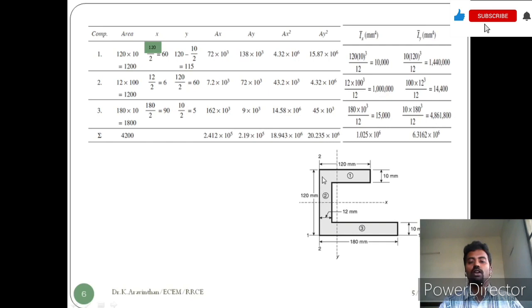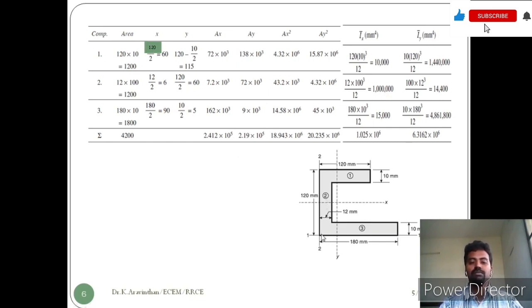The x component of the first element is a total distance of 120 mm, so from the reference plane of y, the first element has a distance of 120 by 2, that is 60 mm, and the second element has 12 mm of distance, so the centroid will act exactly at the center, that is 12 by 2, which is 6.